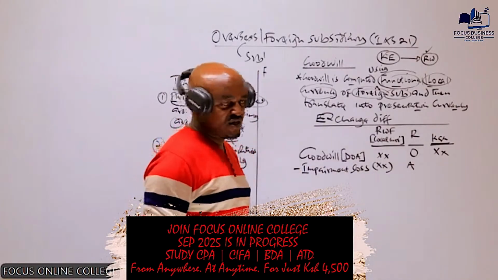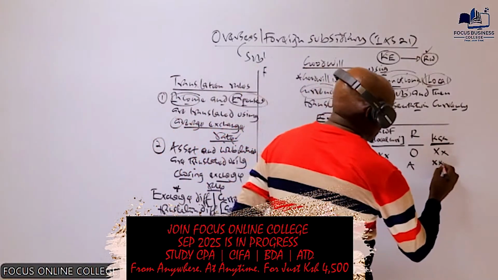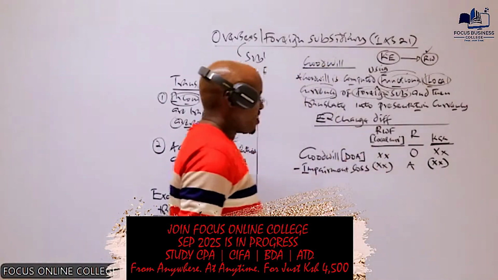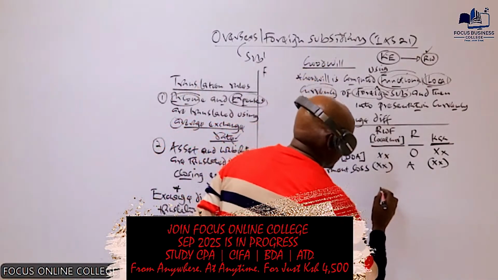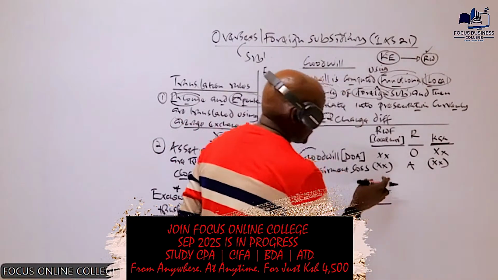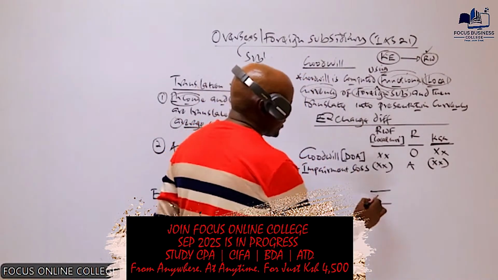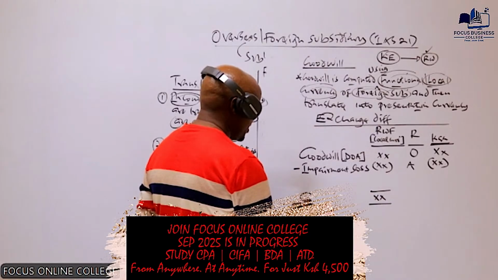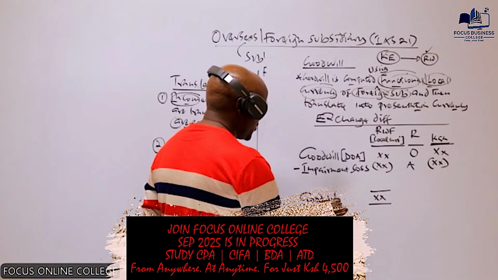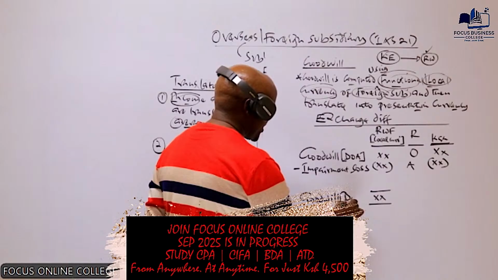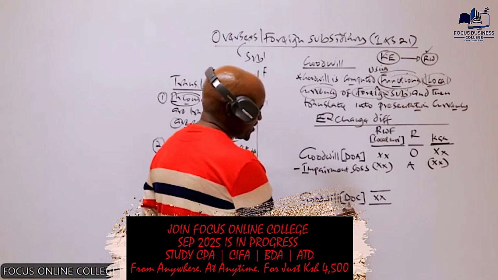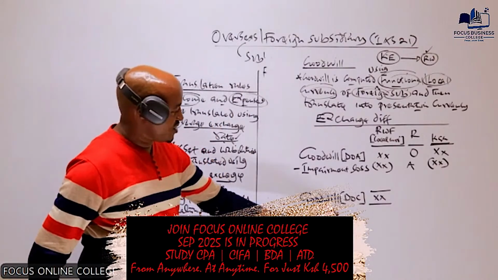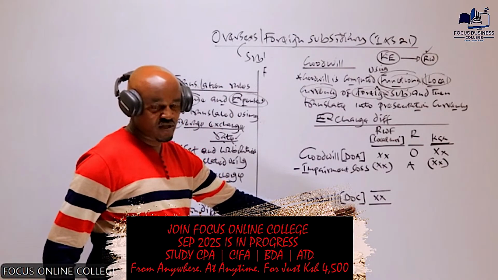And then we get the impairment loss in Kenyan shillings. Then we take this minus that, and reading across one line, that gives us the value for goodwill at the end of the year. That is the date we are doing our consolidation. Remember, the date of consolidation. So this will be the value for the goodwill at the date of consolidation, which will be at the end of the year.